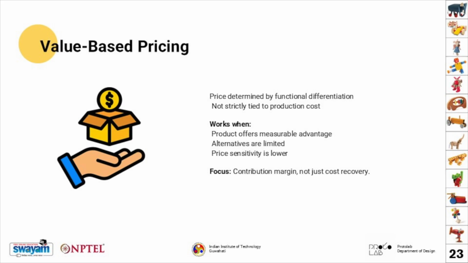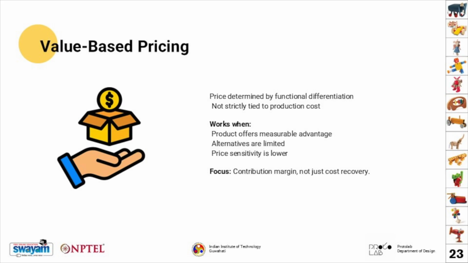From a financial perspective, value-based pricing allows higher contribution margins per unit. Contribution margin is what remains after variable cost is deducted, and it is what ultimately covers fixed cost and profit.